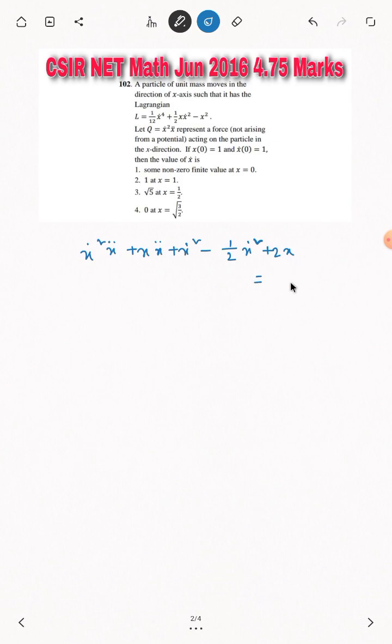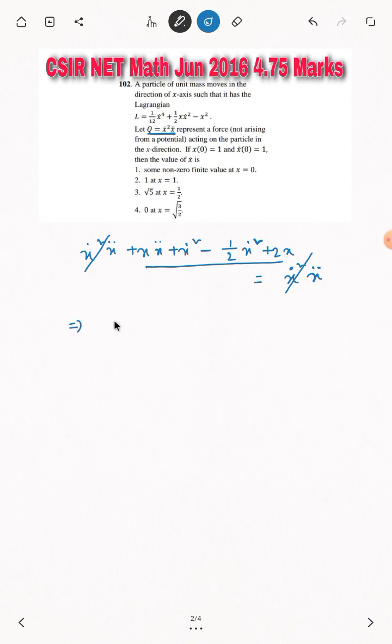So ultimately what we are getting here, on the right hand side we have x dot square x double dot, because q is given. Look at this quantity, q is given. See how nice the formation of q is, that this quantity and this quantity are eliminated, so we only have these three terms.